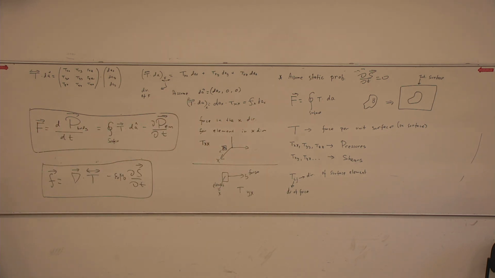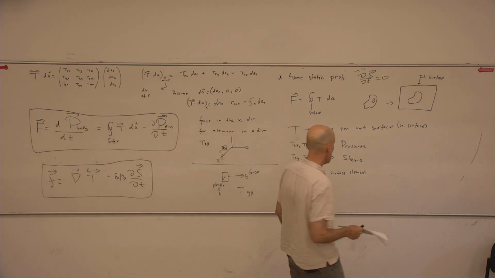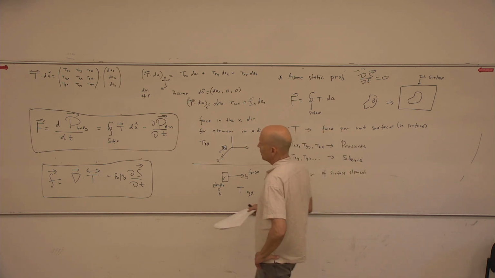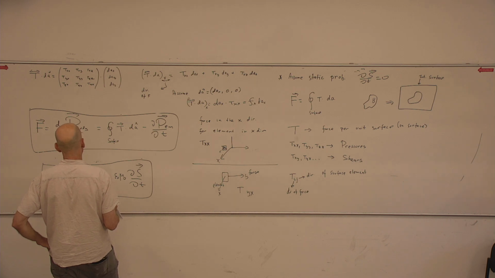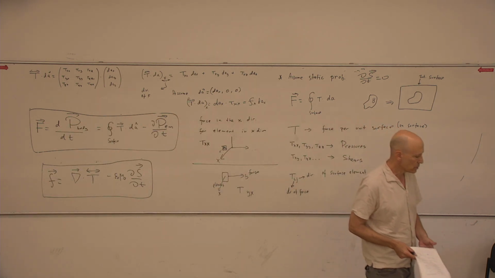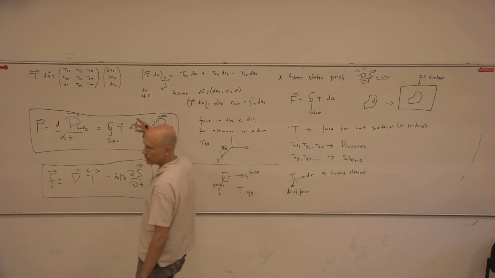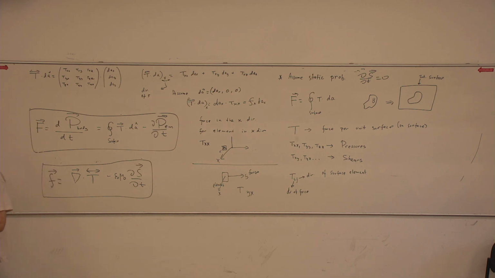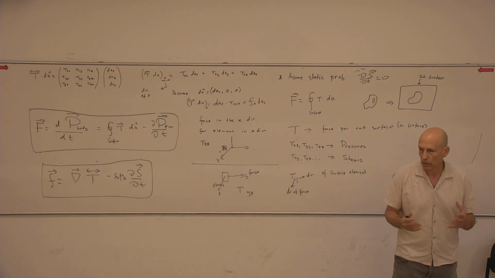We said the matrix is symmetrical. Why is it necessary that the force in the x direction on the y element will be equal to the force in the y direction on the x element? Why does it have to be symmetrical? I don't say it has to be in mechanics, but in electrodynamics it is like that, because of the definition of the fields. I'm not saying this is totally trivial. It's some symmetry that you have here.